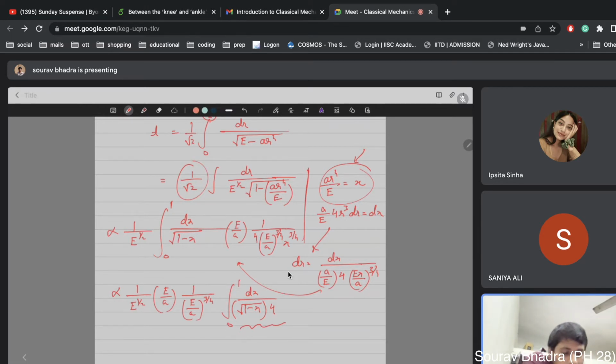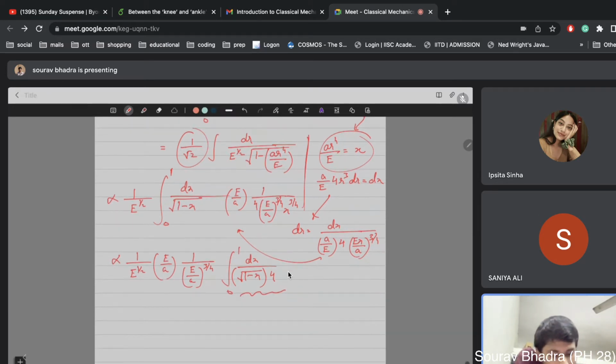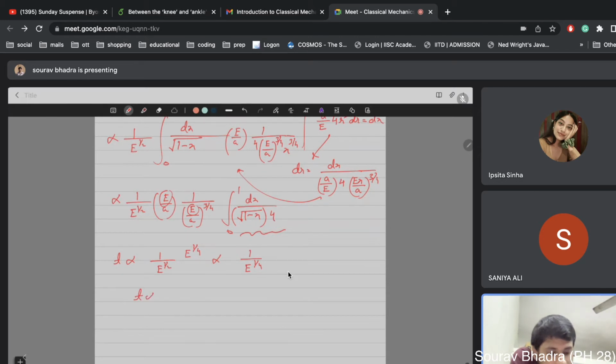If you do the integration, that will give you the value, but your time period will be proportional to 1 by E to the power half and E to the power 1 by 4th. So I have cancelled this E by this E to the power 3 by 4th, which will give you 1 by E to the power 1 by 4th. So T is going as E to the power minus 1 by 4th.